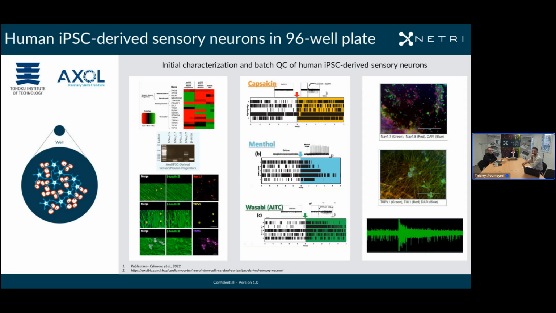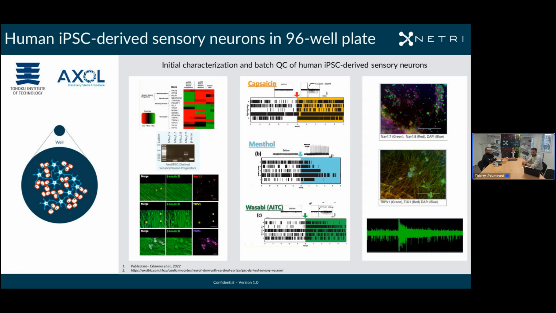They also show functional characterization of the cells, with a response to agonists relevant for sensory neurons, like capsaicin that activates TRPV1, or menthol that activates the cold receptor TRPM8.